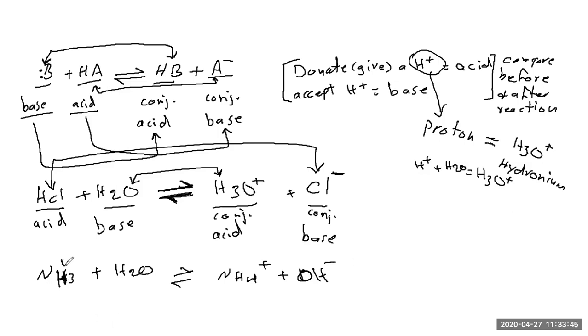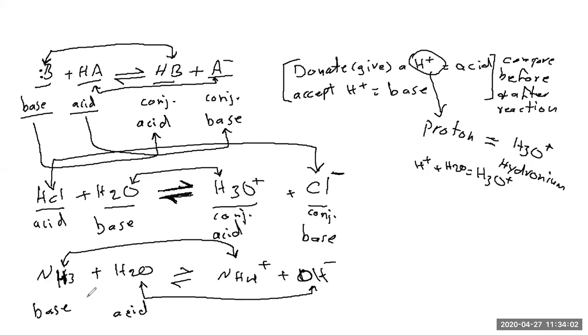Compare NH3 with the NH4, H2O and OH negative. NH3 accepts, so it will be base. H2O to OH minus gives the proton, so it will be acid here. NH4 is the conjugate acid, OH negative is the conjugate base.